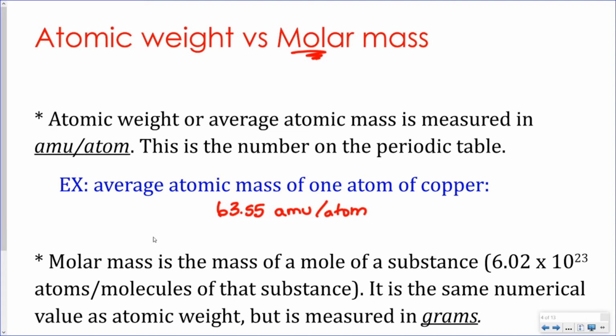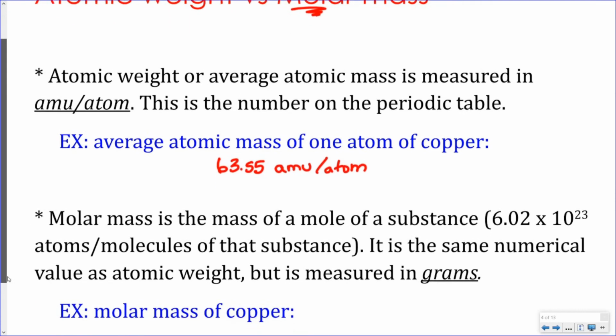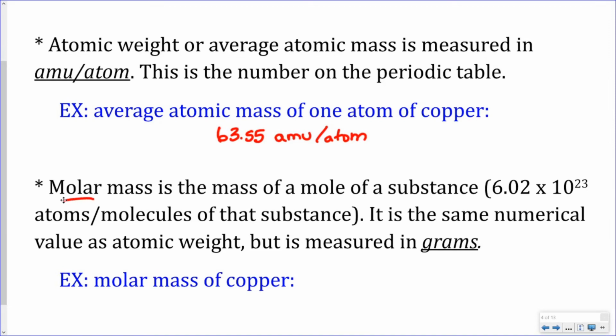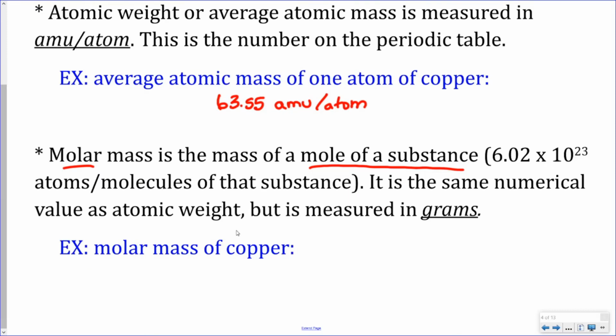We don't usually use this notation. And because these atoms are so small, what we can actually do is talk about molar mass. Molar mass is the mass of a mole of that substance. So this number, 6.02 times 10 to the 23 atoms or molecules of that substance. It's the same numerical value as the atomic weight up here, but we measure it in grams. So the average atomic mass of 1 atom of copper was 63.55. The molar mass is also 63.55, but its units here are grams per mole.